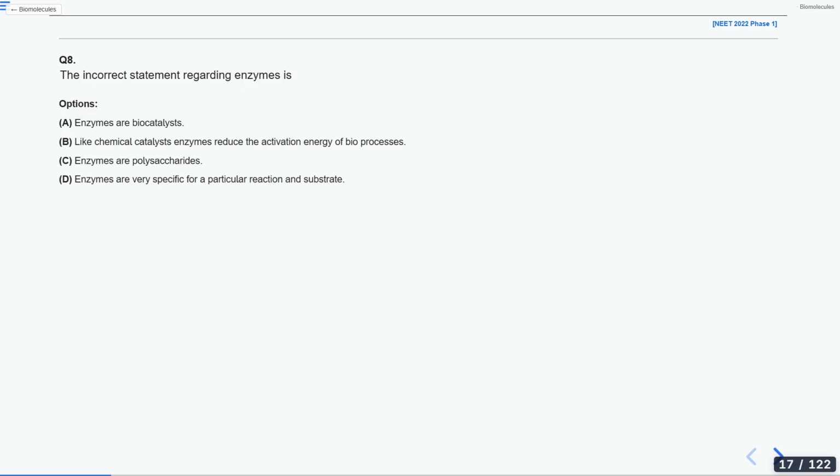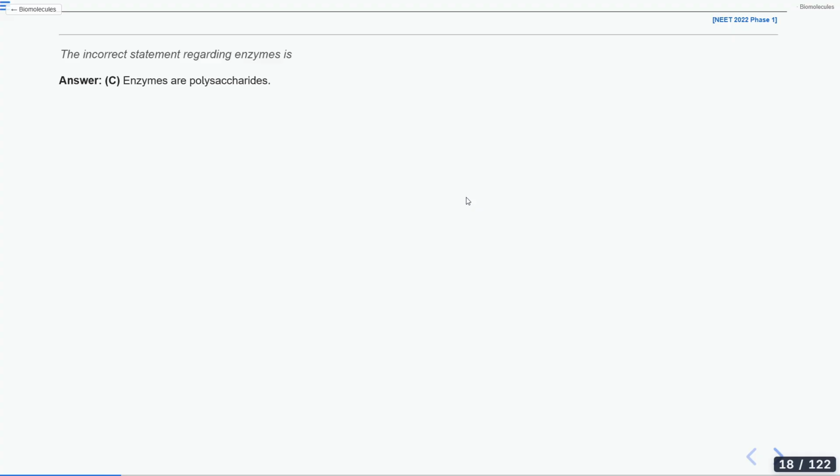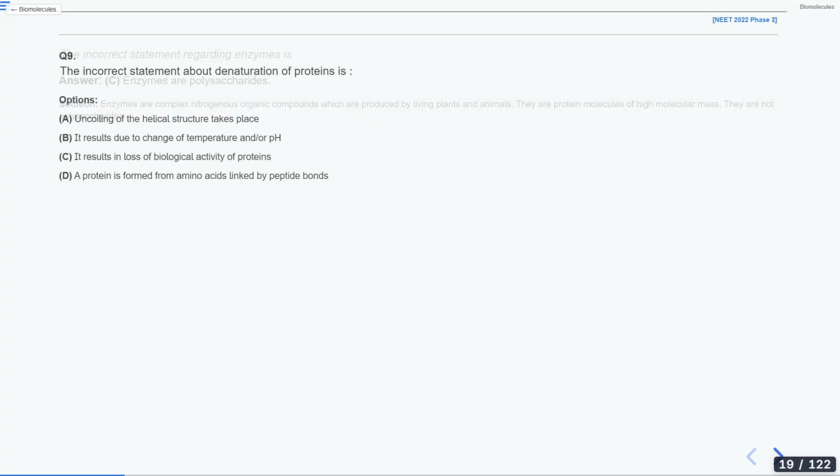Anyone has a doubt till now, they can ask me. So here, enzymes are polysaccharide. It is the correct statement. We have seen this. Now next question. The incorrect statement about denaturation of protein. You have to tell about the denaturation of protein.